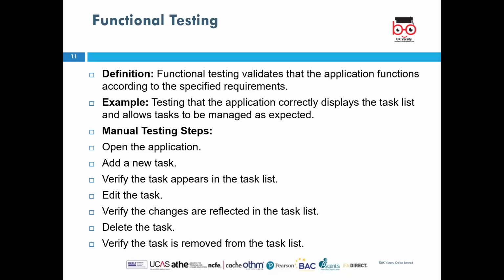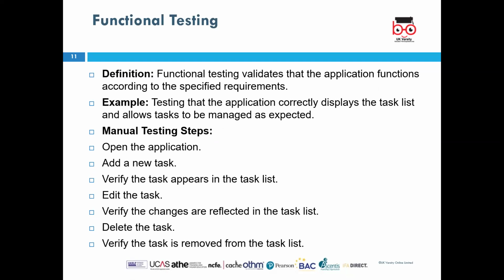Functional testing is used to validate that the application functions are working according to their specific requirements. We're just going to look into whether we were able to declare our functions effectively.